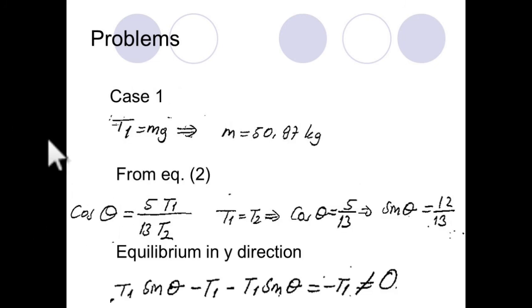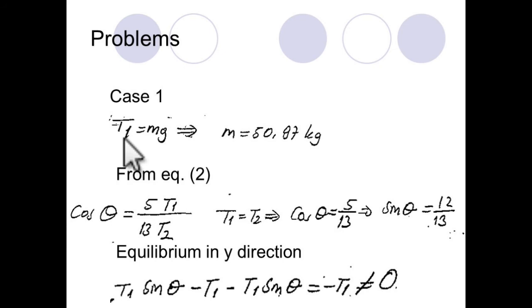Now we will go step by step. So remember that T1 is equal to mg. Now let's assume that T1 carries the maximum load. So the maximum value for the T1 tension in the cord ACB is 500 newtons.